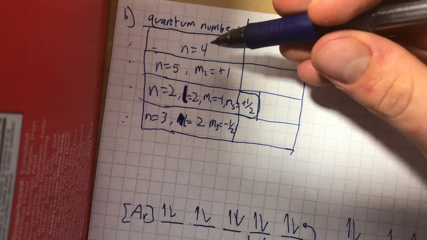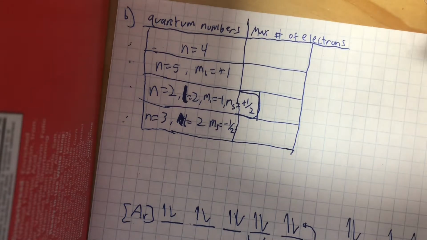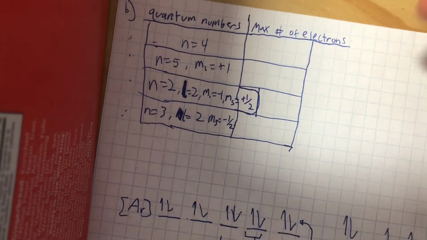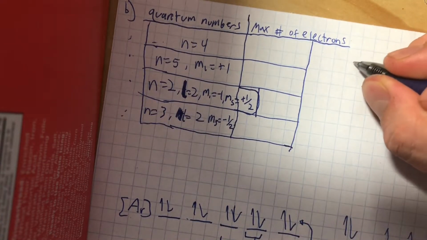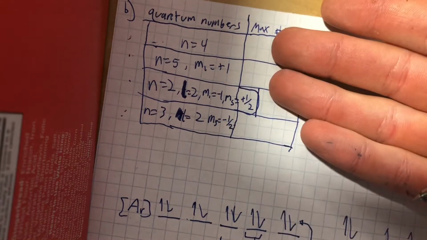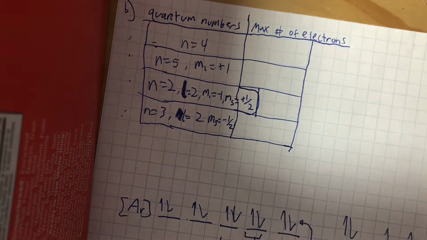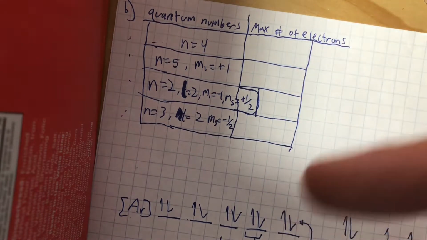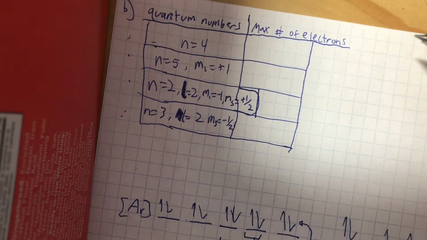So N equals 4. How many electrons can have N equals 4? So remember, there's a 4S. There's going to be a 4D. There's going to be a 4F. And there's going to be a 4P. I said that out of order, sorry.